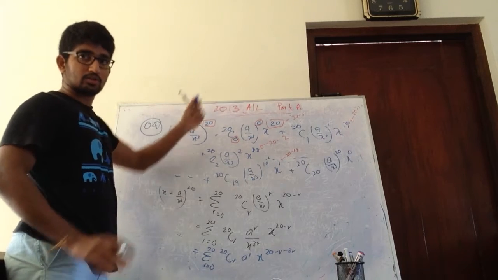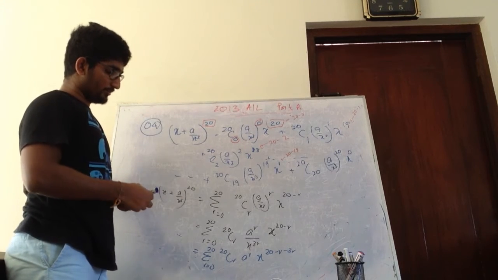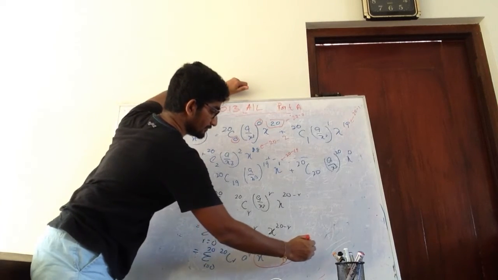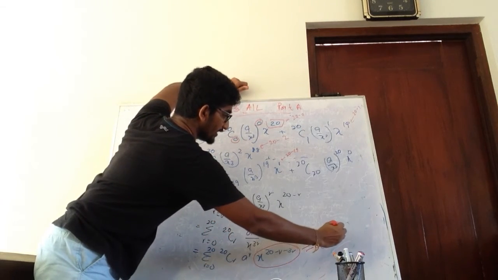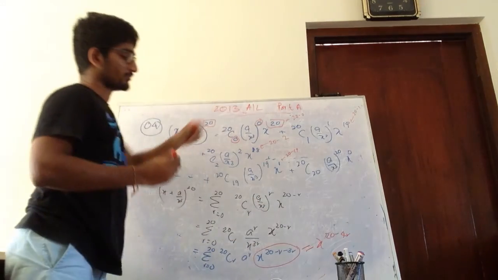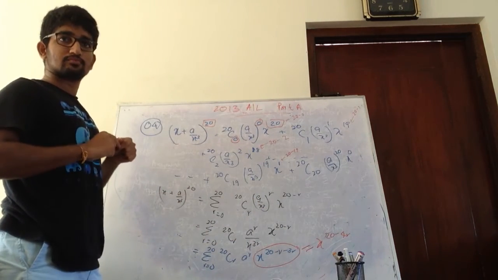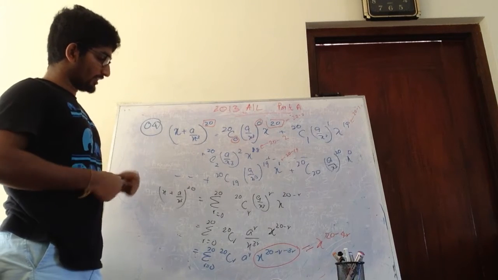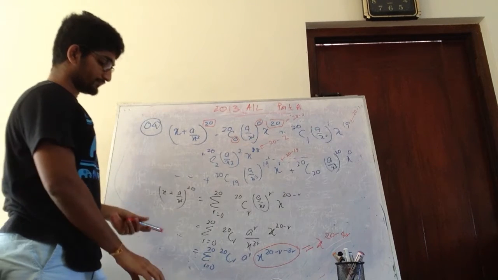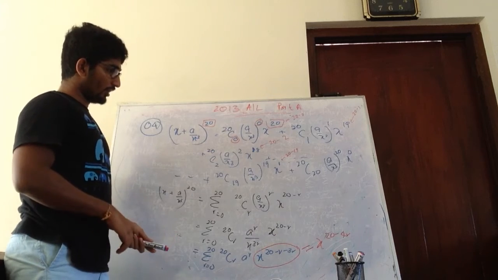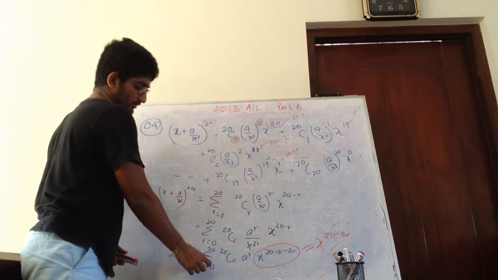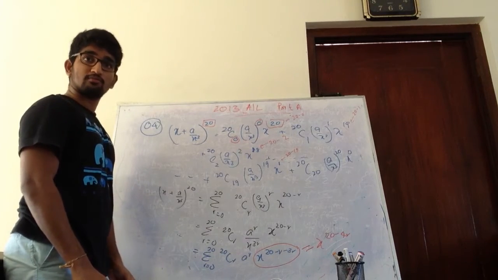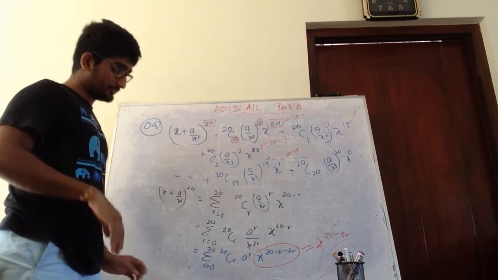So basically what is this part? x^(20-4r). So you reduce this down to this part, x^(20-r-3r), that is x^(20-4r). Correct? So write this down.